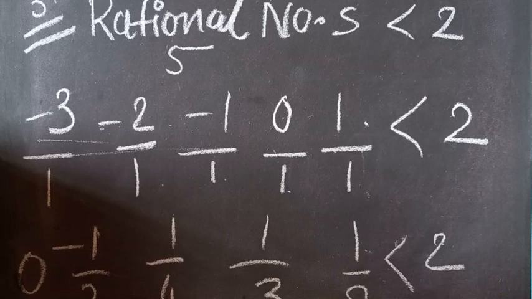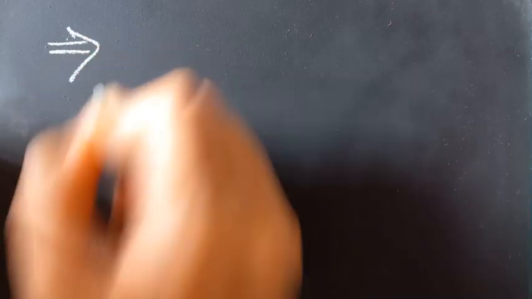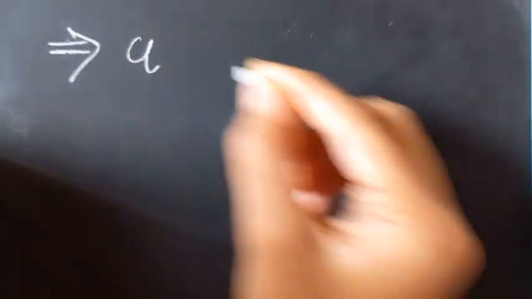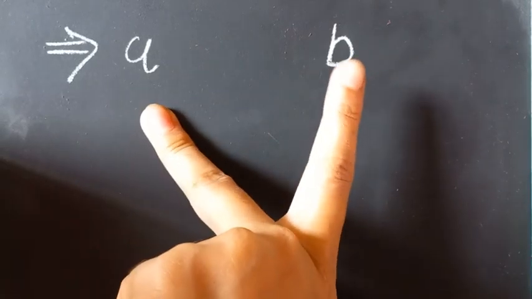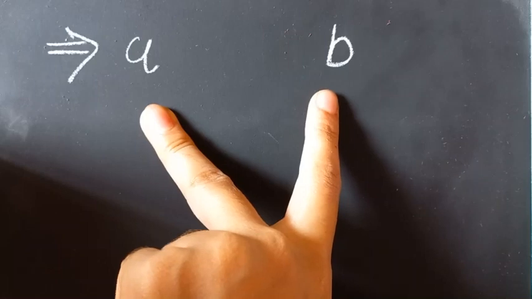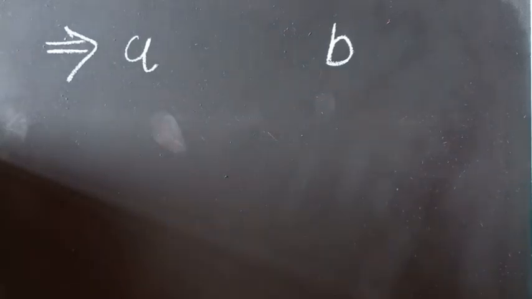Now one method we will study for finding rational numbers between 2 rational numbers. Let's study the method. If you have 2 rational numbers a and b, and you are asked to find a rational number between them, what do you have to do?